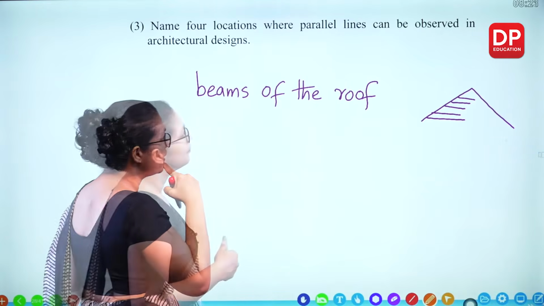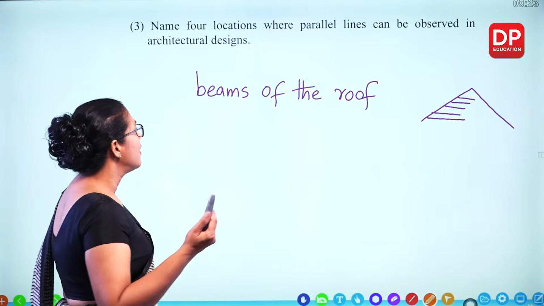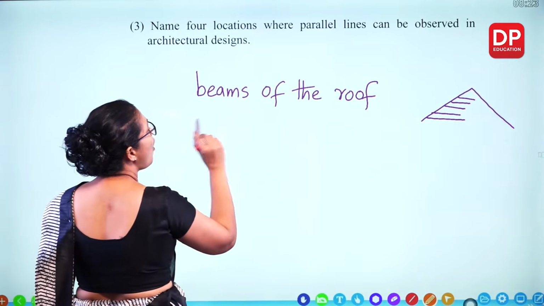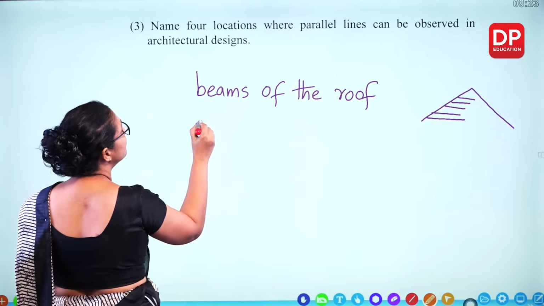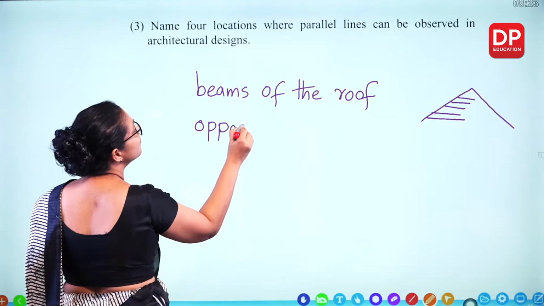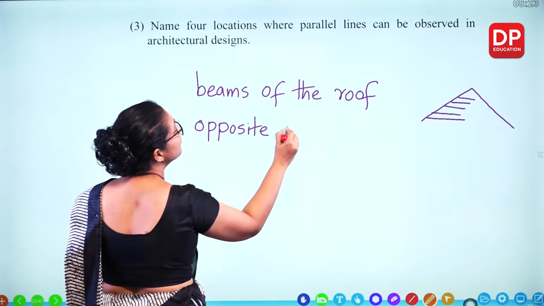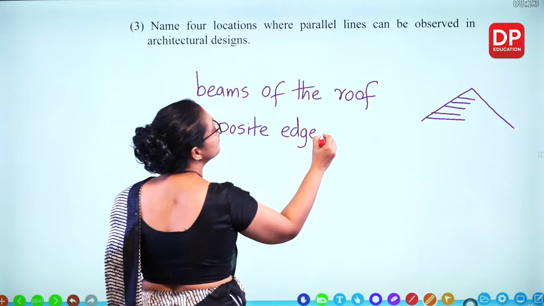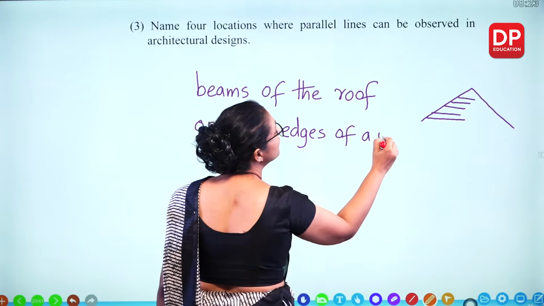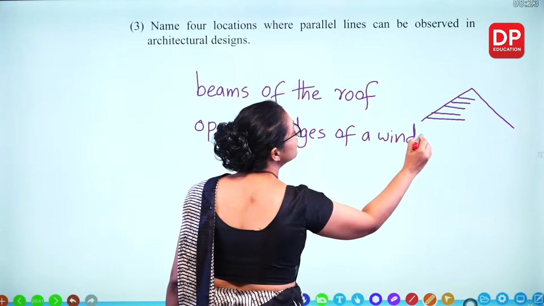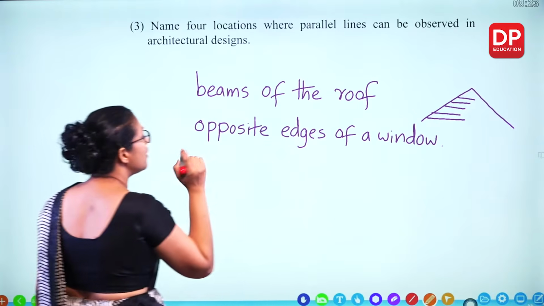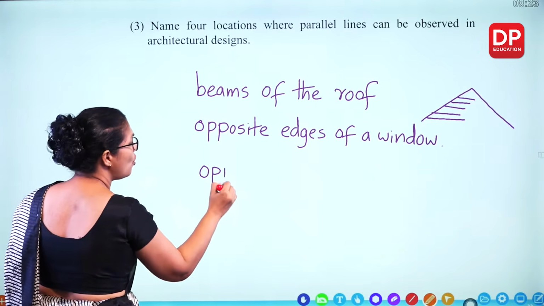And what else you can see? Window, opposite edges of a window. Then opposite edges of a door.